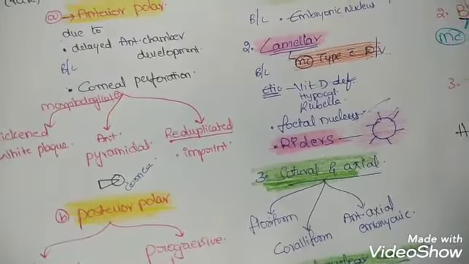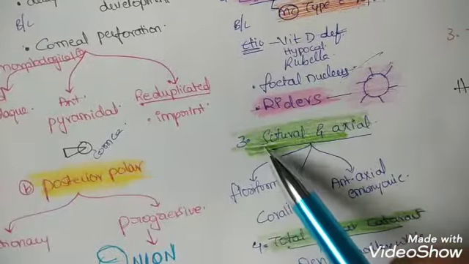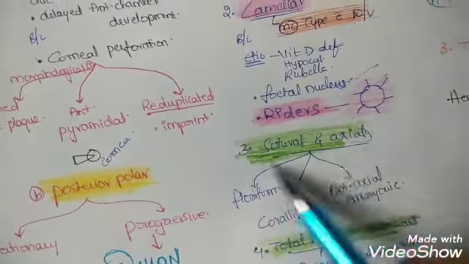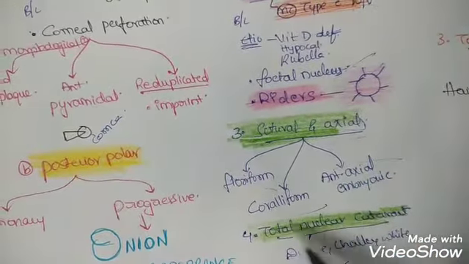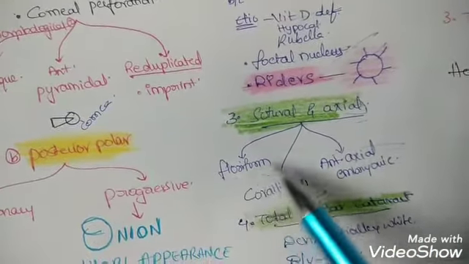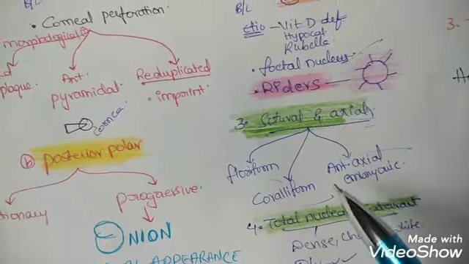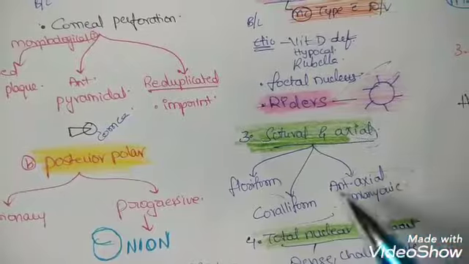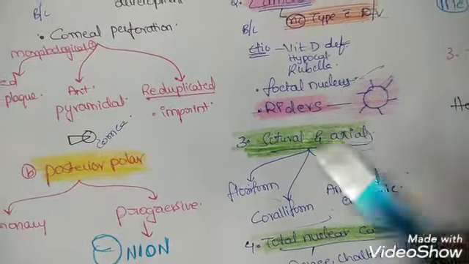Anteriorly they look Y-shaped and posteriorly they look like an inverted Y. So the cataract which forms along those sutures and along the axial line are the sutural and axial cataracts. They are again of floriform, coralliform, and anterior axial embryonic types. Floriform is the one where they form like the petals of a flower, coralliform where they look like corals. And then anterior axial embryonic cataract, where the cataract forms anteriorly along the axial line.